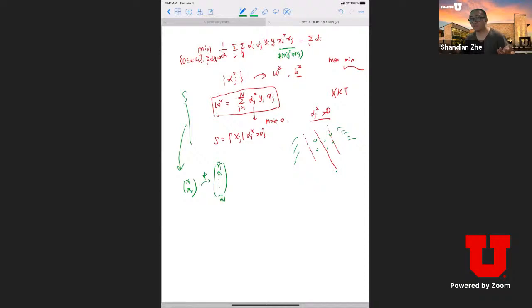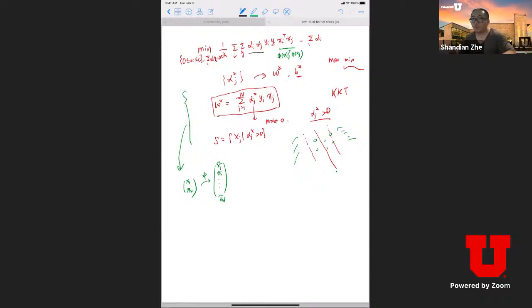That's it. And all the other optimization is exactly the same. Why? Because we're trying to optimize alpha i and alpha j. So this inner product is just another constant coefficient to alpha i, alpha j. It doesn't change any optimization behaviors, I mean, the algorithm steps.